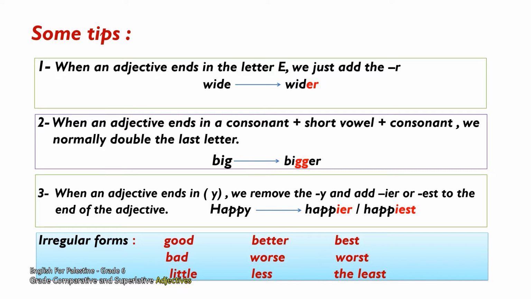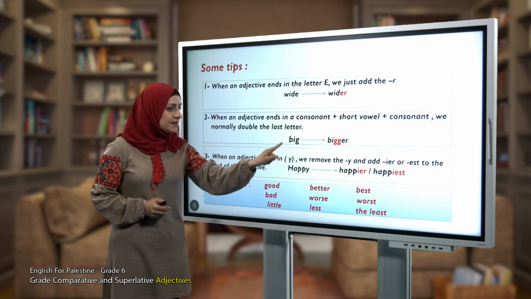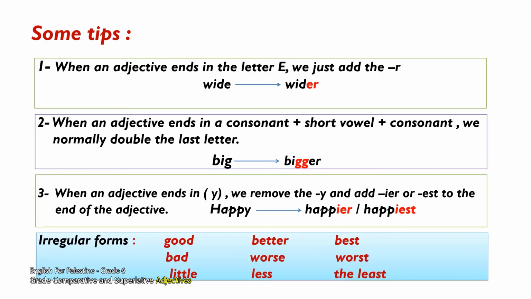When an adjective ends in a consonant plus short vowel, then consonant, we normally double the last letter. Like big. Here we have a consonant, vowel in the middle, and a consonant. So big becomes bigger. We double the G letter.